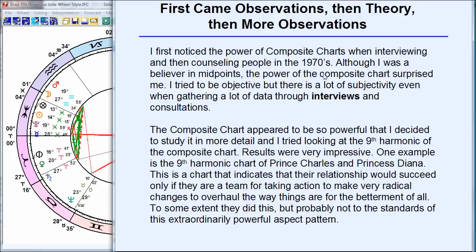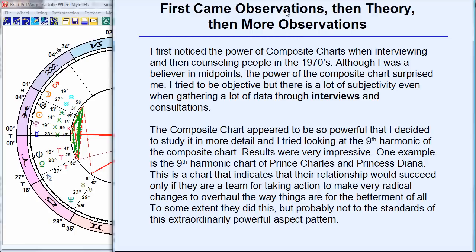Only if the aspect was really exact, maybe a 1 degree orb. If the aspect is 3 degrees, 4 degrees, it doesn't seem to be there. But if there happens to be a really exact aspect in the composite chart, it seems to dominate the whole relationship. It seems to be the main thing the relationship is about.